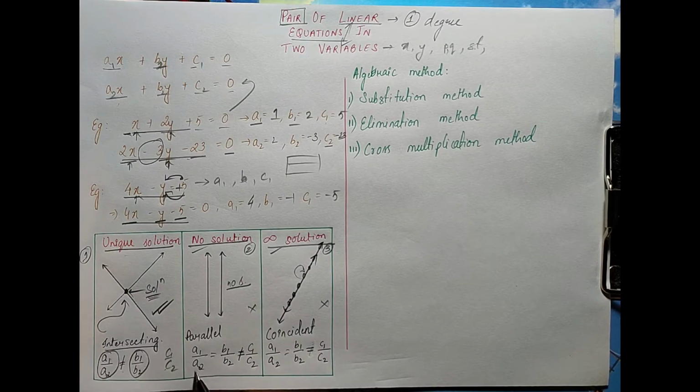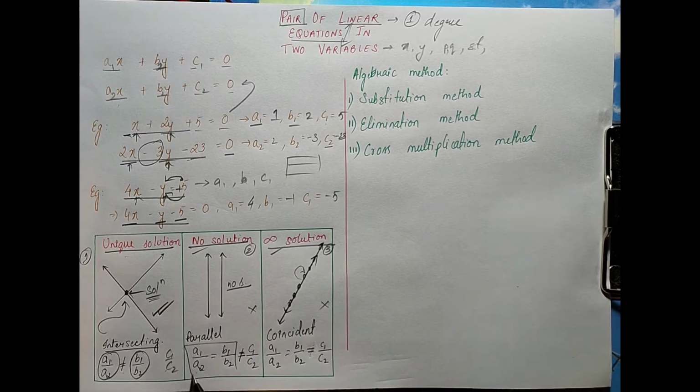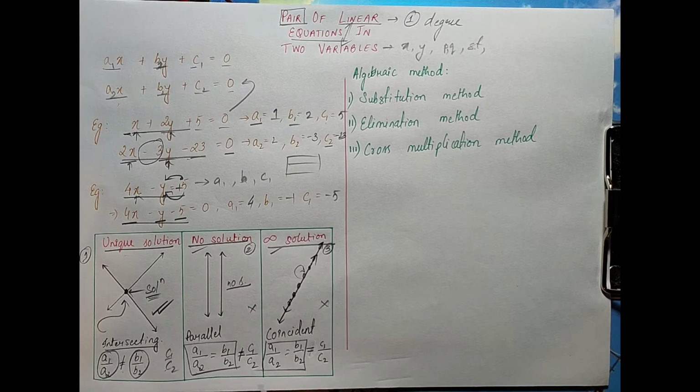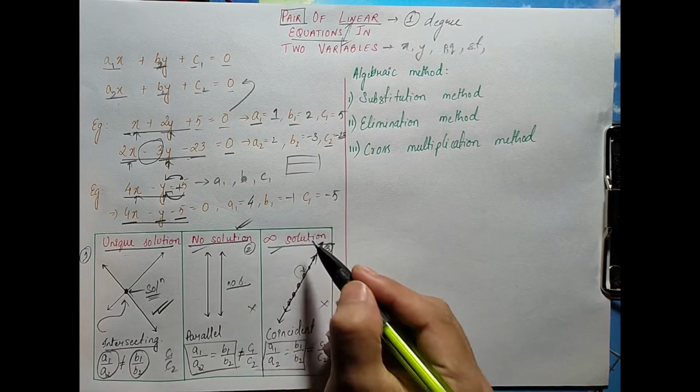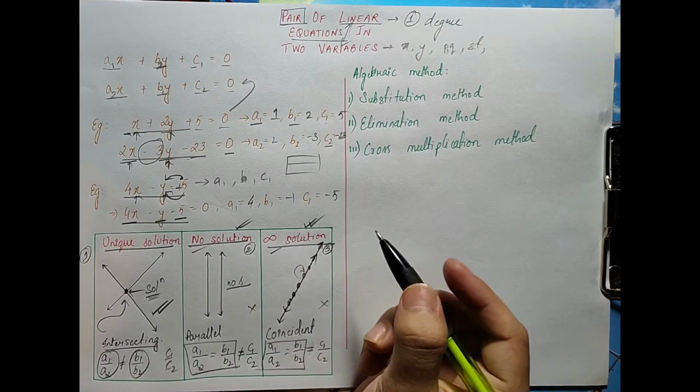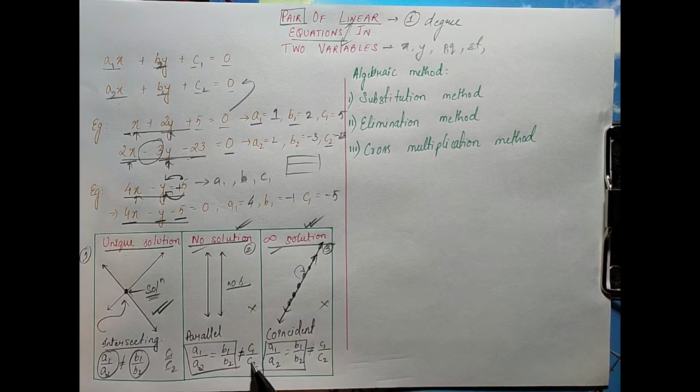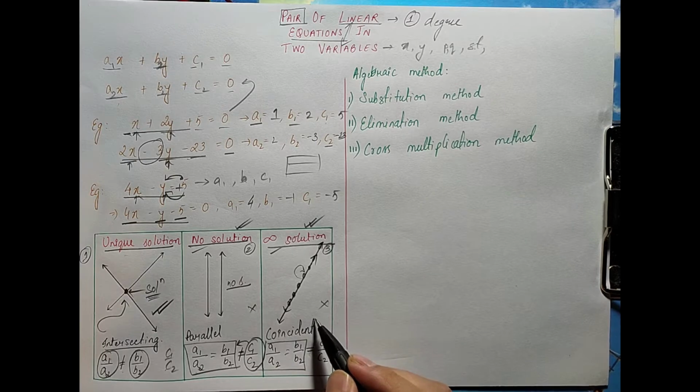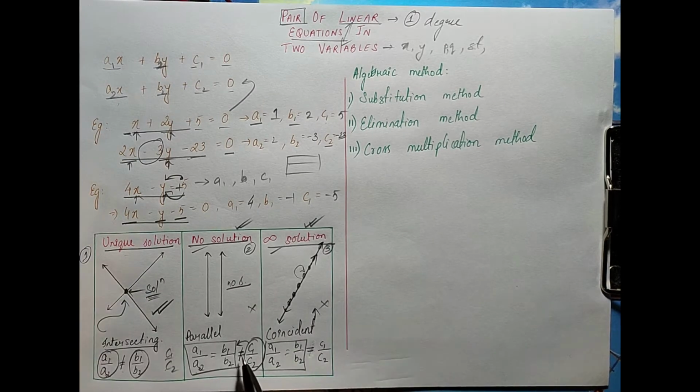If a1 by a2 equals b1 by b2, it may be either no solution or infinitely many solutions. So we will also find c1 by c2. If it is equal to a1 by a2 and b1 by b2, then it is definitely infinitely many solutions, and if it is not equal, it is definitely parallel.